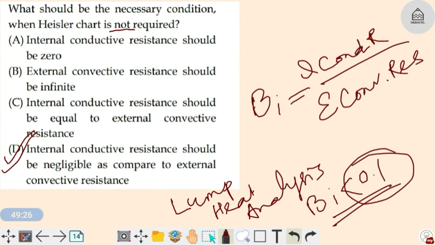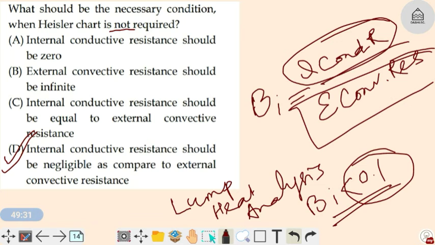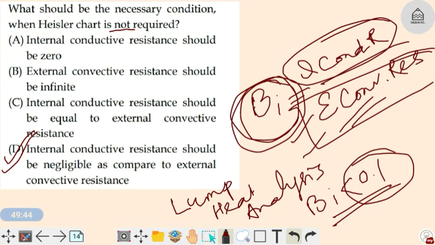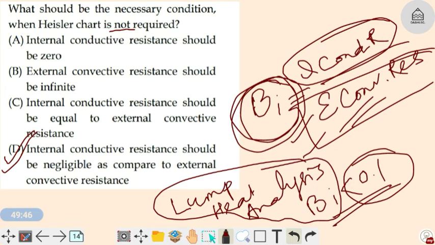So when it will come? When this term will be less than this term, or negligible compared to external convective resistance. If internal conductive resistance is negligible as compared to external convective resistance, then Biot number will come very low. So lumped heat analysis can be used, and if lumped heat analysis is used, we don't need any Heisler chart. So my option is D. Now let's move to the next question.